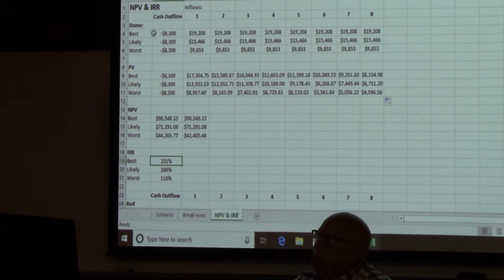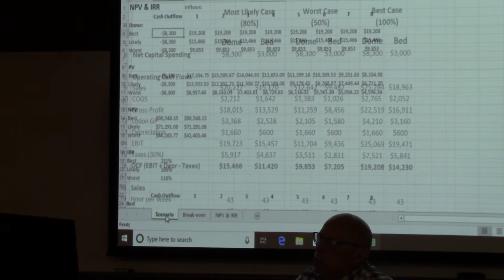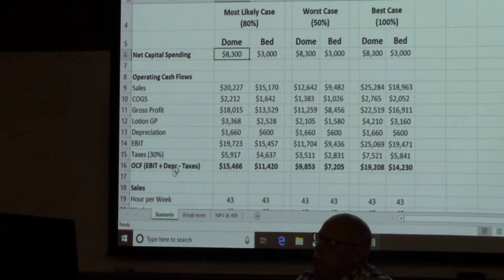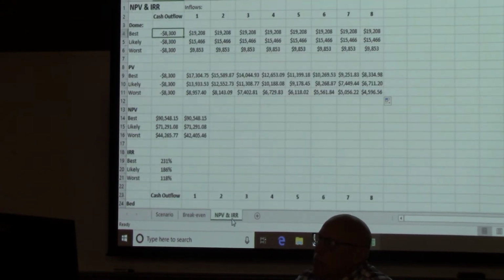So looking at these numbers, we need our cash inflows for the 8 years, and we've got our cash outflow, which is at time 0. The 8,300 comes from here, the net capital spending, that's our outflow. And then the operating cash flow, best, likely, and worst.